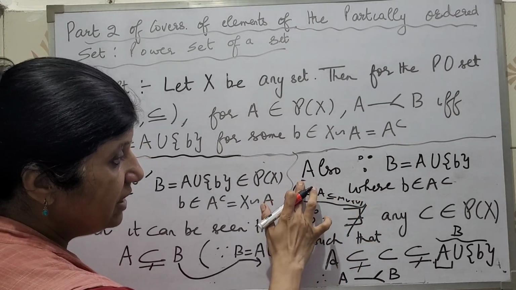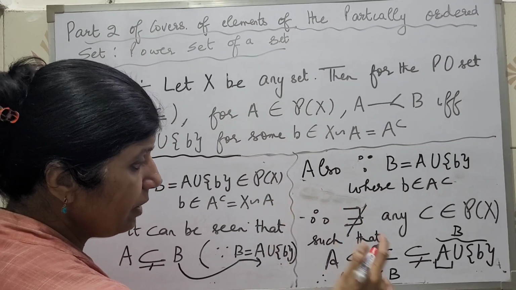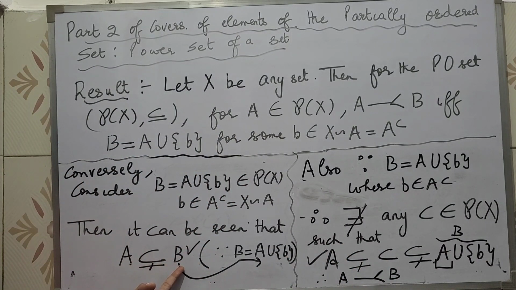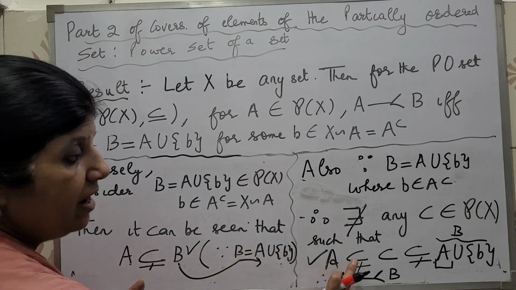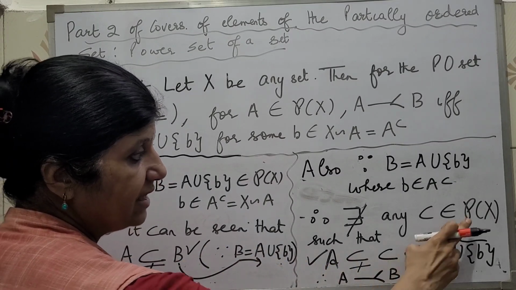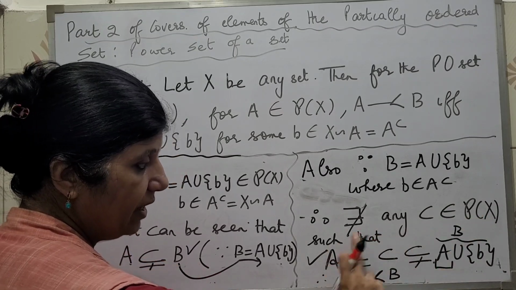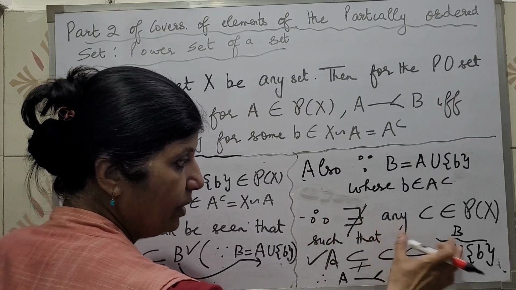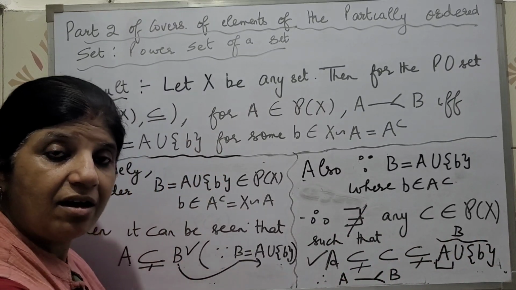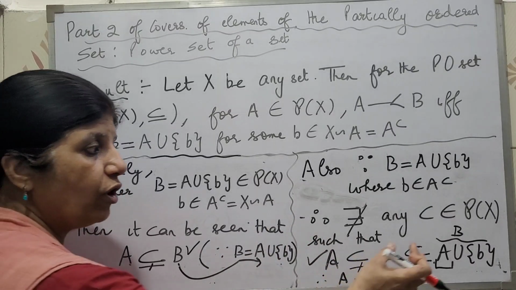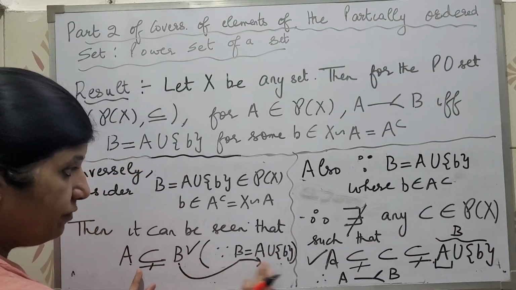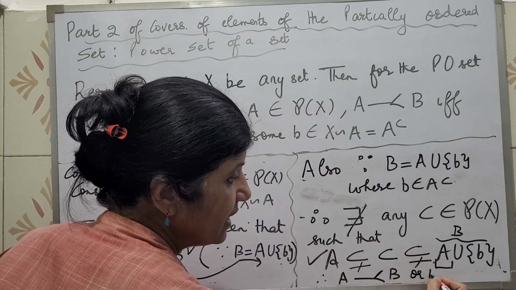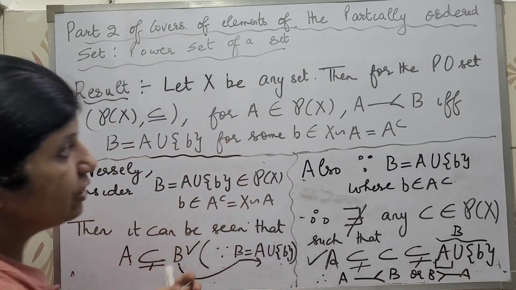So now because you have a line like this and a line like this, that A is contained in B, which means A is related to B, A is different from B, and there is no distinct element C belonging to the power set of X, different from A and B, which behaves in such a way that A is properly contained in C and C is properly contained in B. These are the conditions which should be satisfied for an element B to be a cover of A. So because of these two conditions, you have that A is covered by B, or in other words we can say that B is a cover of A, and that is what we had to show.